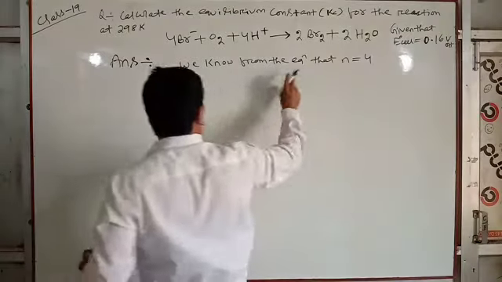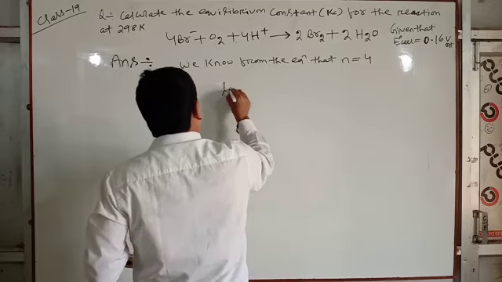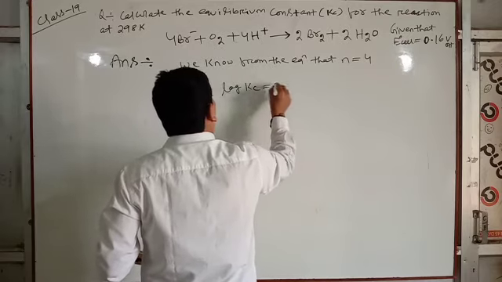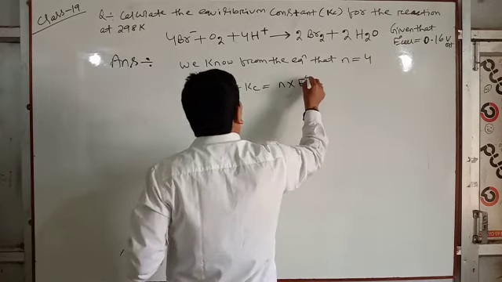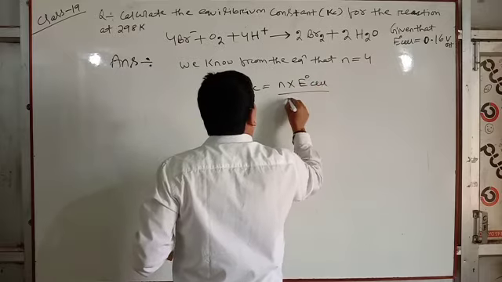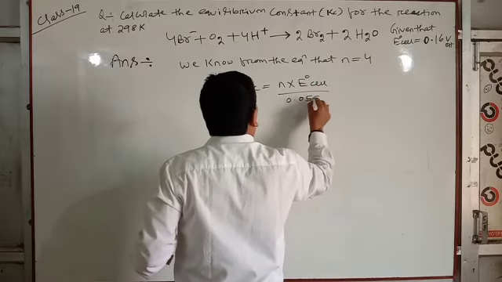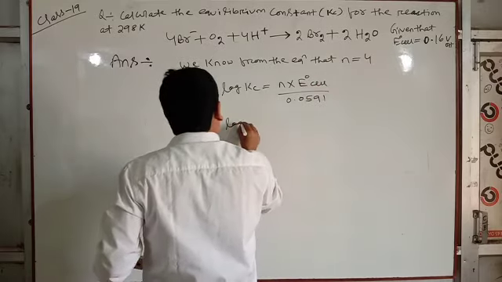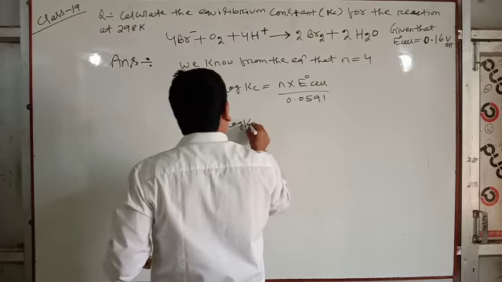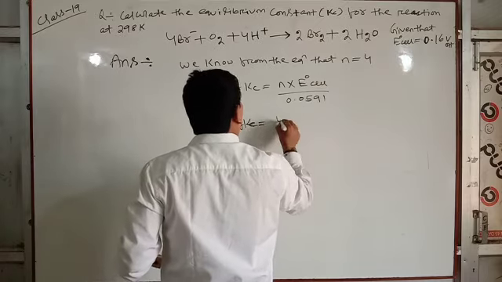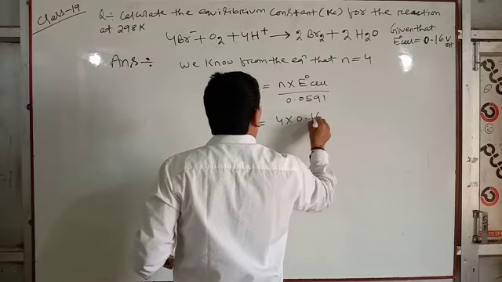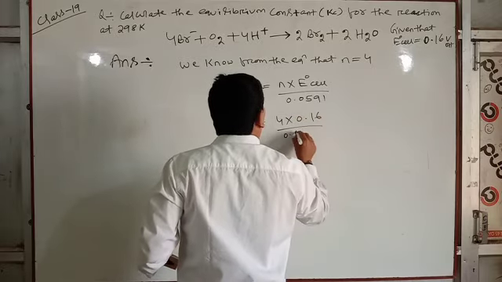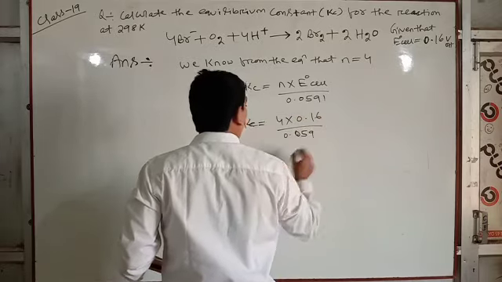So next we know that n equal to 4 and log Kc equal to n into E naught cell divided by 0.591. So log Kc equal to 4 into 0.16 divided by 0.591.